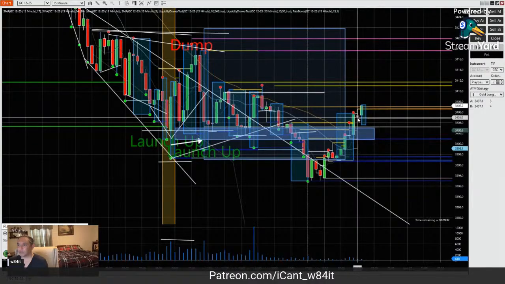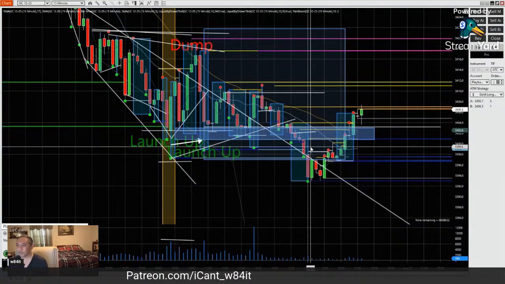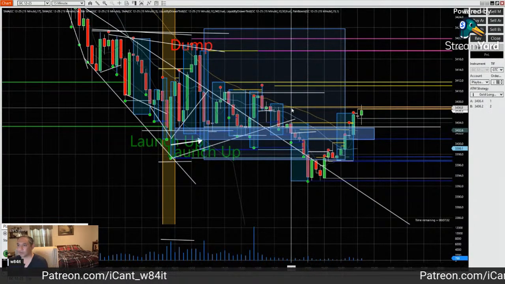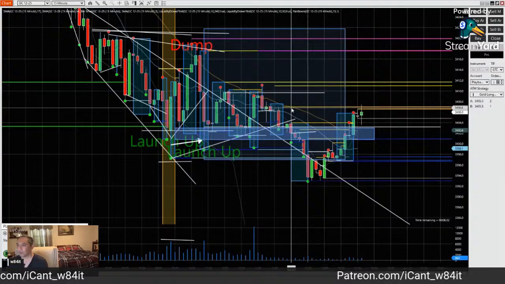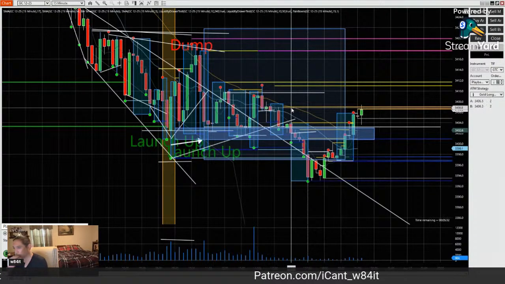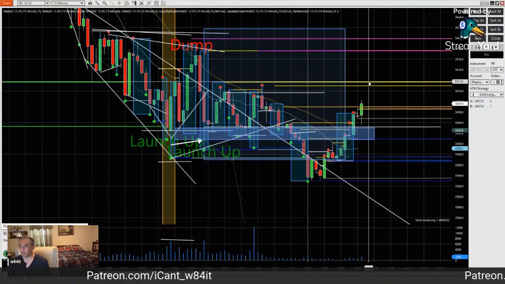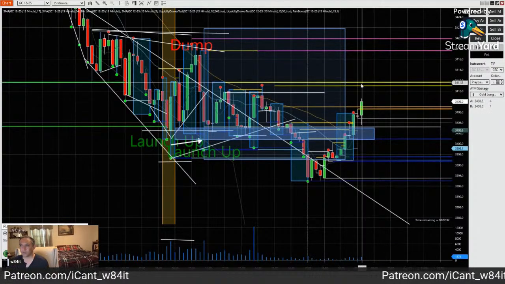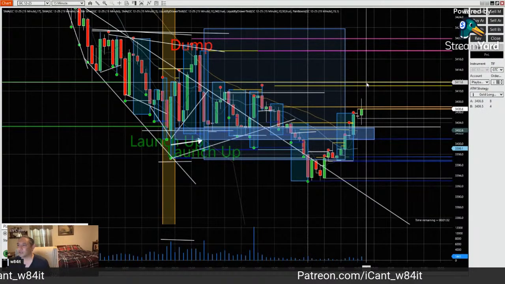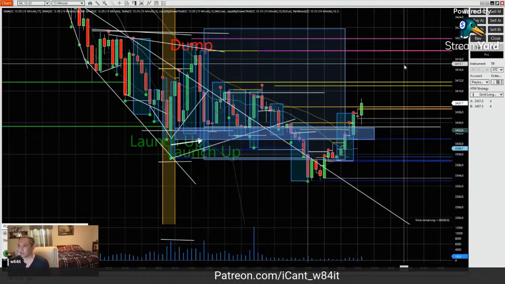Nope, going up again. Like I said, it probably brings us all the way back up here. Get the double resistance or liquidity lines here, bigger liquidity lines here.